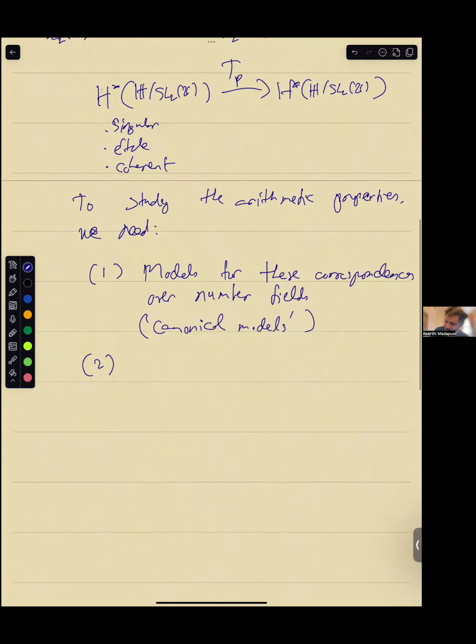So we also want models, in fact, over rings of integers, that we can study mod various primes.